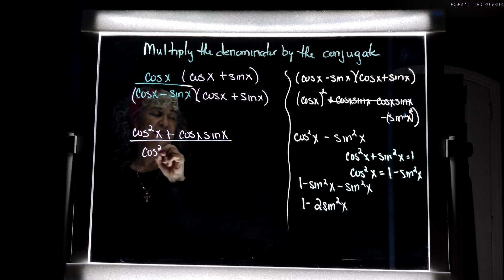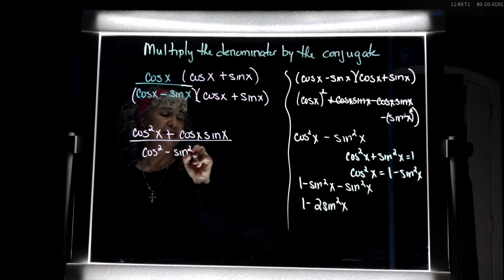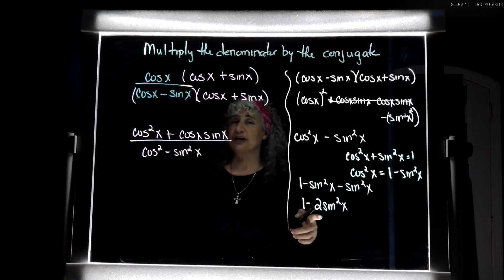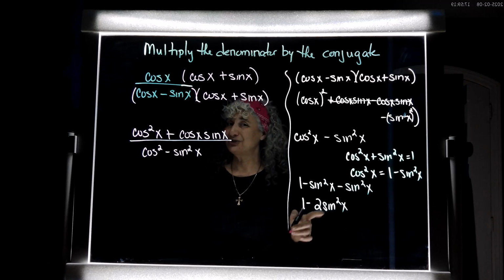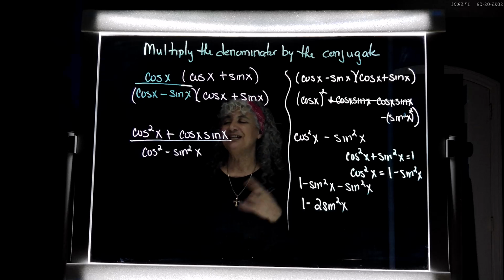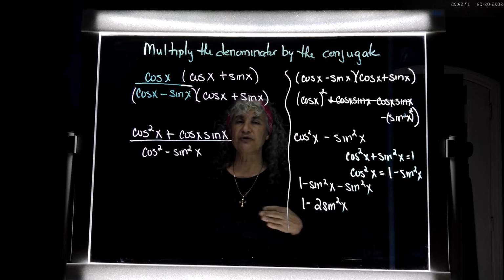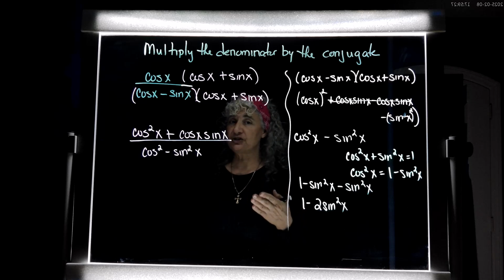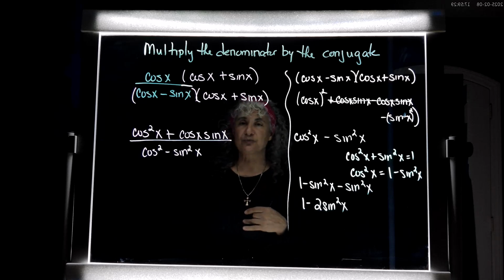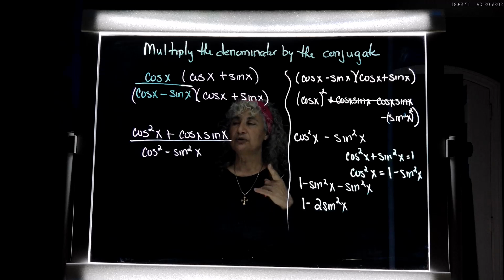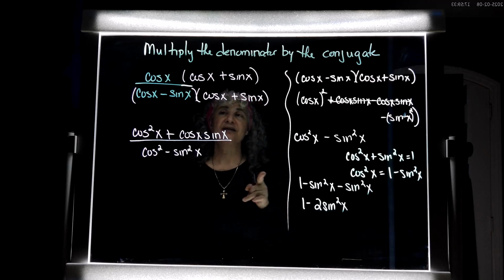If they want you to take it further and make the substitution, you could write this in. But this is also one of those double angle identities. Yeah, so you kind of have to figure out where you're supposed to go from here based upon the directions you're given and what your instructor wants. Cool?